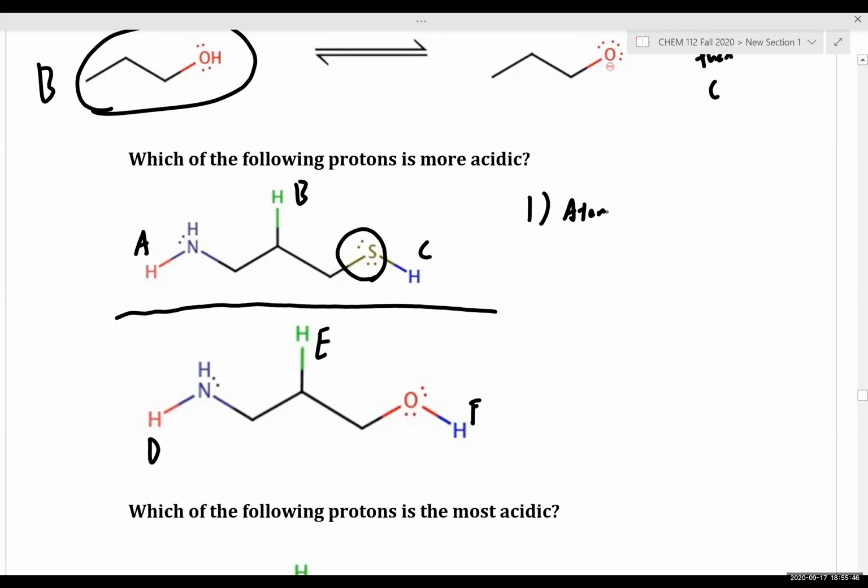One, we have atom effects. And two, we also have electronegativity. Remember, the atom effects are actually more important in this case because nitrogen's more electronegative, but sulfur is larger. So it's more readily able to stabilize the negative charge over a larger region of space, and the sulfur-hydrogen bond is weaker than a nitrogen-hydrogen bond. Does that make sense?